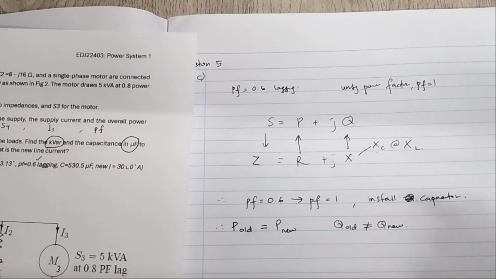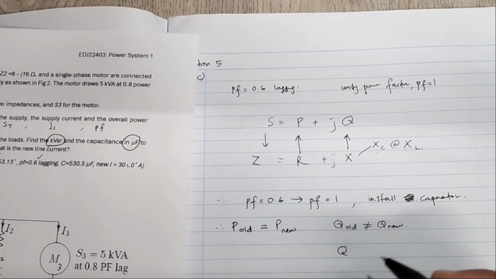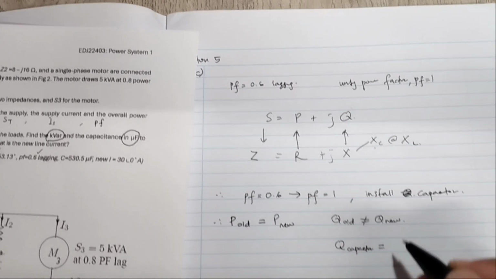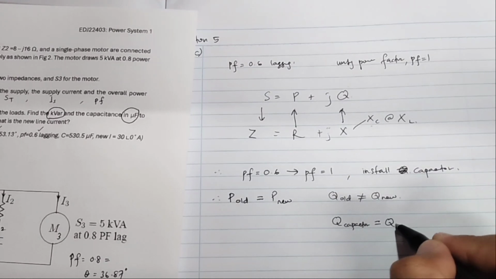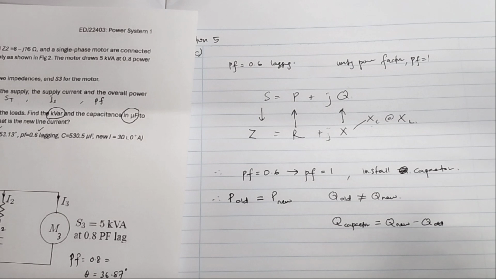Okay. Q kapasitor, Q yang terhasil daripada kapasitor yang kita install tu actually is equal to Q baru yang kita dapat tolak Q old. Maksud dia macam mana? Q old tambah dengan Q yang terhasil daripada kapasitor tu akan dapat Q baru.